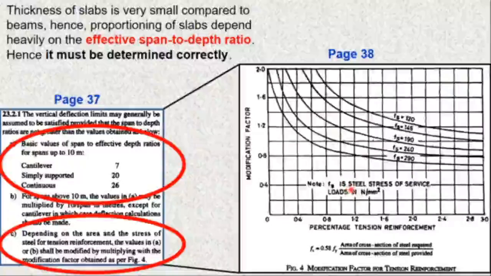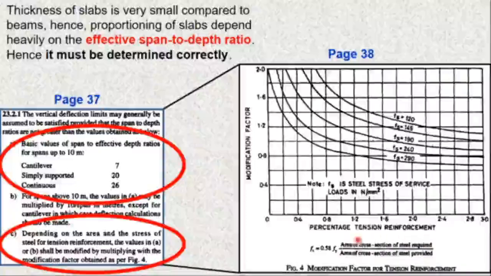Fs is the stress in steel. Which steel? Tension steel. So what is the stress in the steel at service loads? Approximately, the equation for Fs is given here, and you just have to determine the value of Fs from this equation. Fs is equal to 0.58 Fy into the area of cross section of steel required divided by the area of cross section of steel provided.